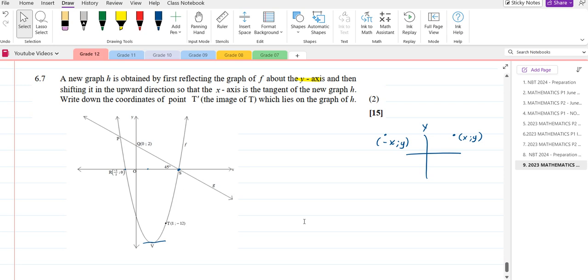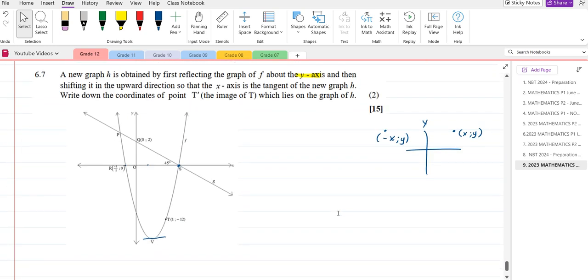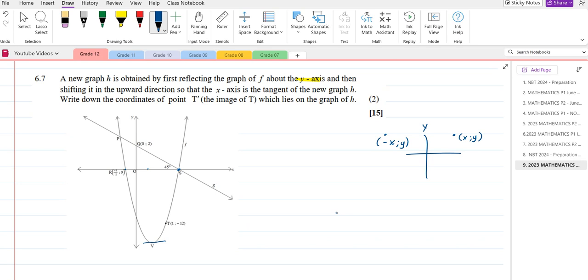Image of T. Okay, so far, T is 1 and minus 12. So if I reflect on the y-axis, the point T will now become the point T. They should have said T double prime.